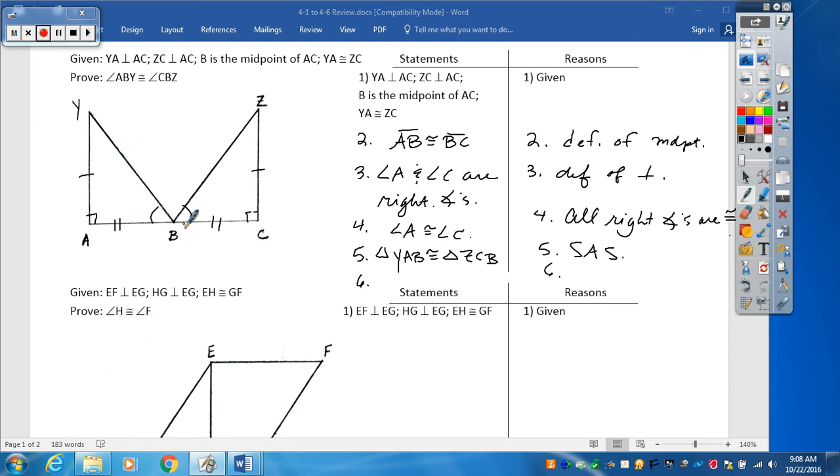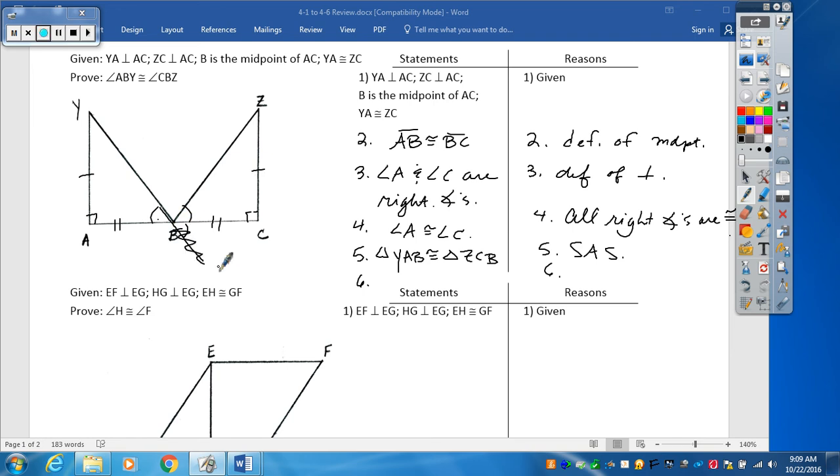I want to make sure that no one confuses this. I think some people would look at that and think to themselves they're vertical angles. They're not. The vertical angle to this angle here would be that angle there. I just want you to make sure that you understand that.